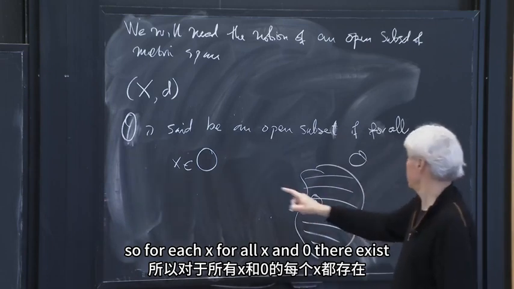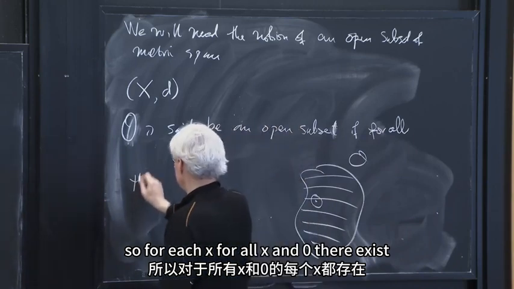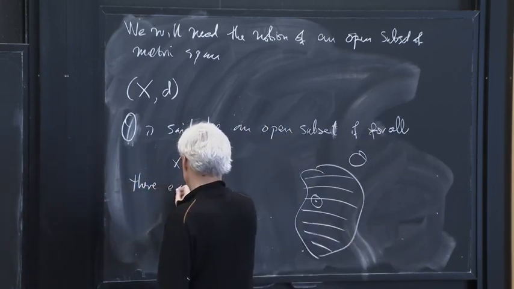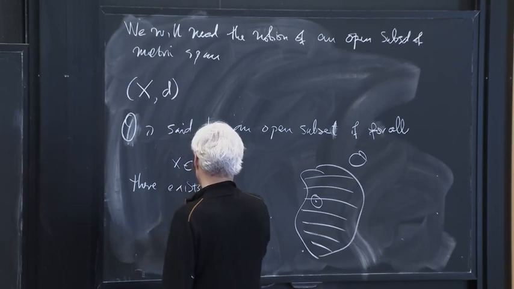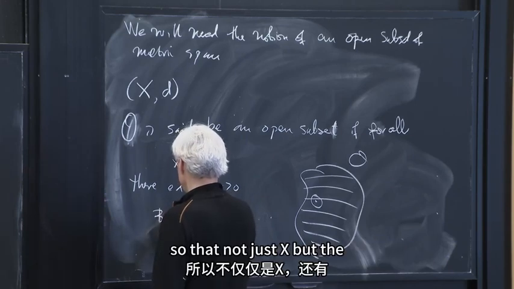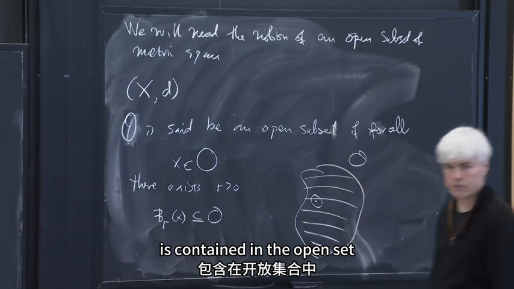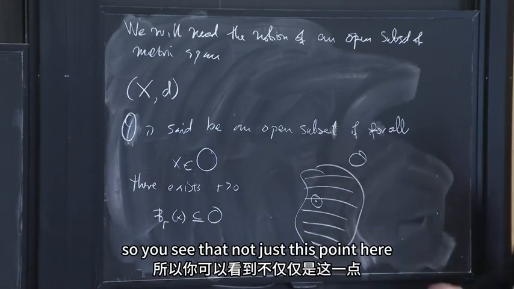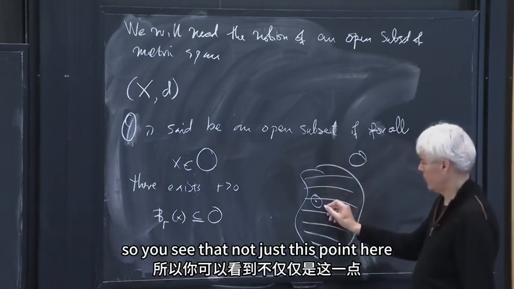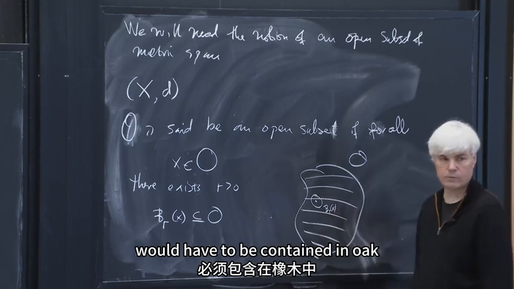So for all x in O, there exists r greater than 0, it may be incredibly small, so that not just x, but the whole ball around x is contained in the open set.